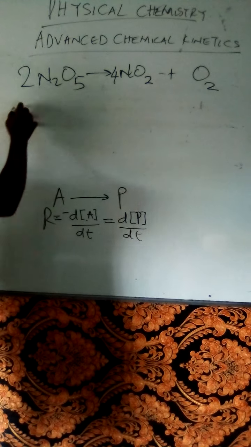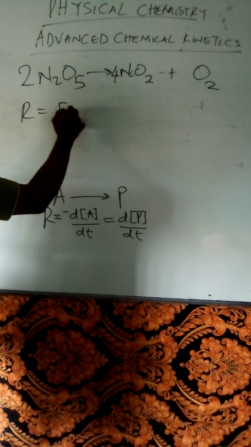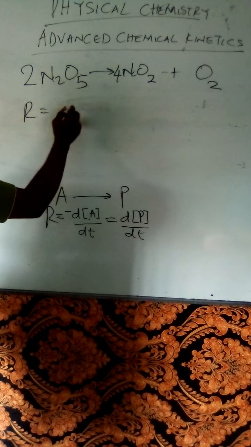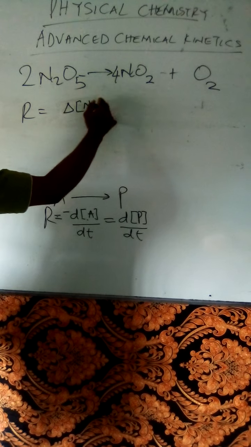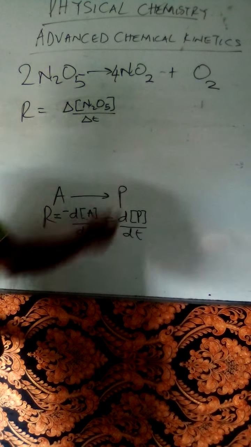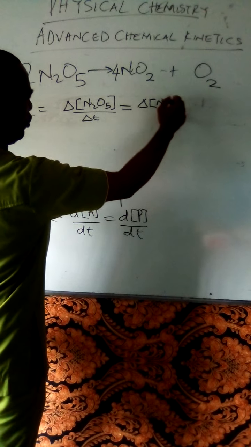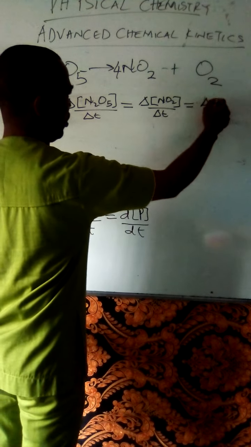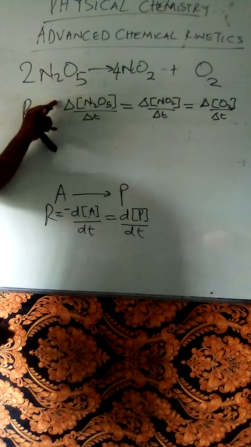So we can write the rate of reaction as the change in concentration of the reactant, nitrogen pentoxide, N2O5, over change in time, equal to the change in concentration of NO2 over change in time, equal to the change in concentration of oxygen over change in time. This one being the reactant, we need a negative sign in front of it.